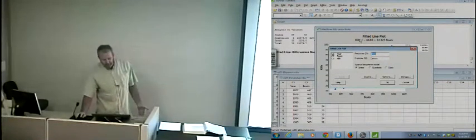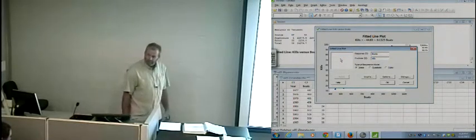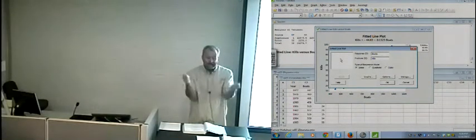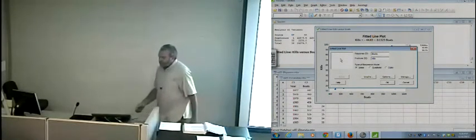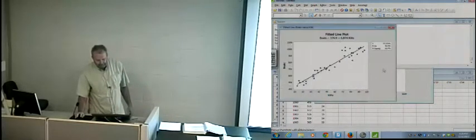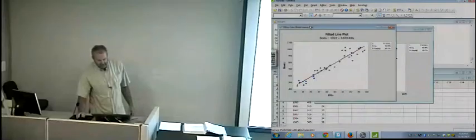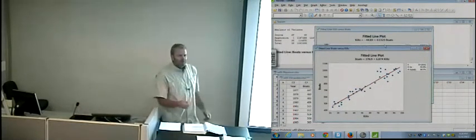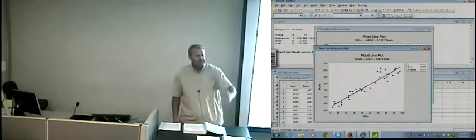So I want to put in boats as the response and the kills as the predictor. In other words, I just change your explanatory and response variables. I changed your x and y. When I click OK here, that's the one we just got. So now the kills is your x variable. The number of boats registered is your y.